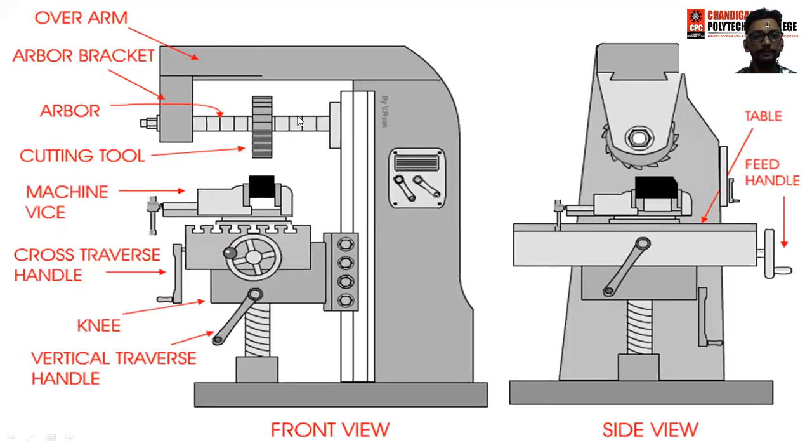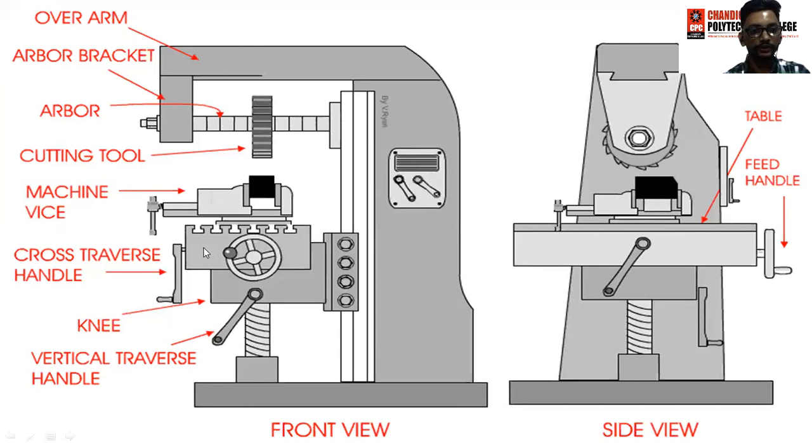This is an animated diagram of a horizontal milling machine. Look at this, this is the overarm which is located at the column and supports the arbor bracket, and this is a spindle. This is a cutting tool. This is a machine and workpiece.